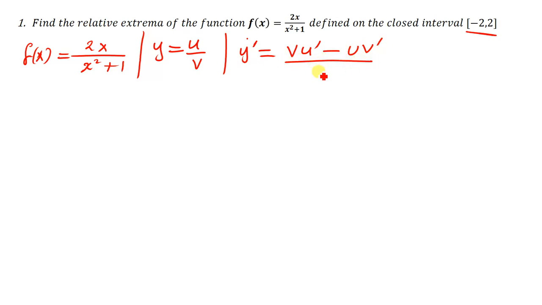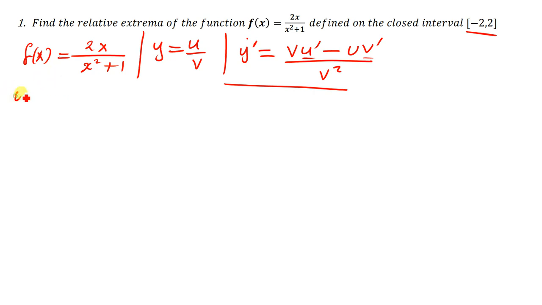If we say prime, we simply mean the derivative of that given function. So you find the derivative of u and the derivative of v, and put them there respectively. This is the formula we're going to use to find the derivative of this function.